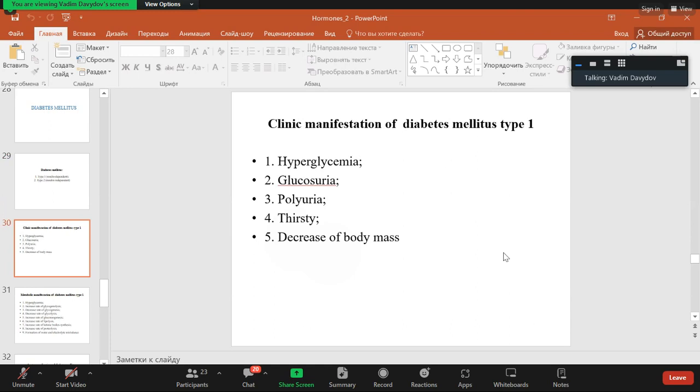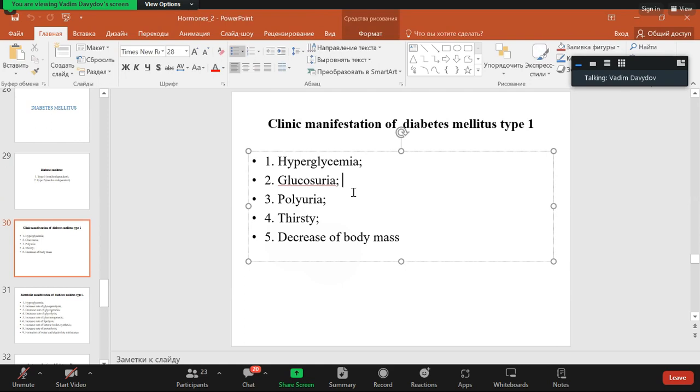I want to remind you of the clinical manifestation of diabetes mellitus, preferentially type 1. The most prominent, hallmark symptoms are hyperglycemia, maybe glucosuria, polyuria, thirst, and decrease of body mass if we talk about diabetes mellitus type 1.